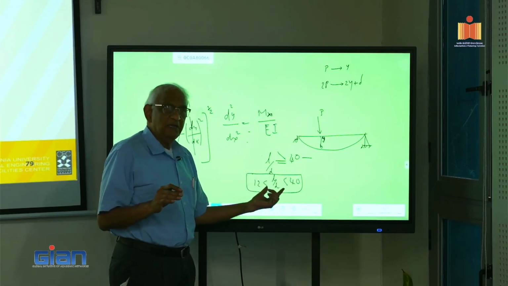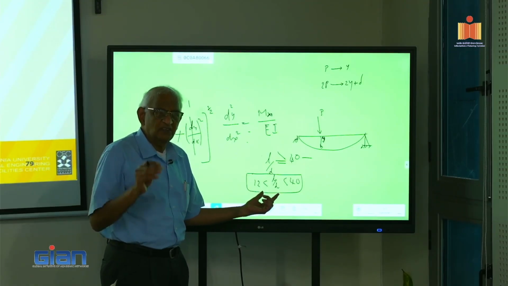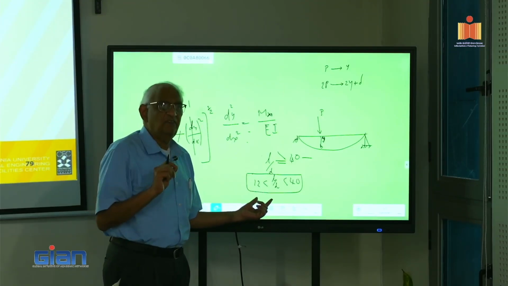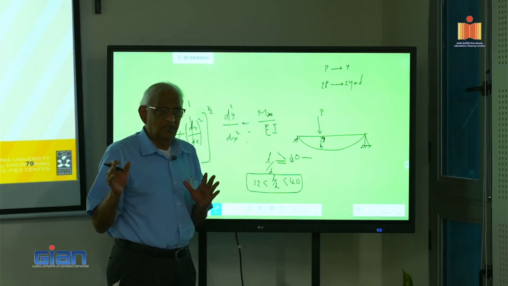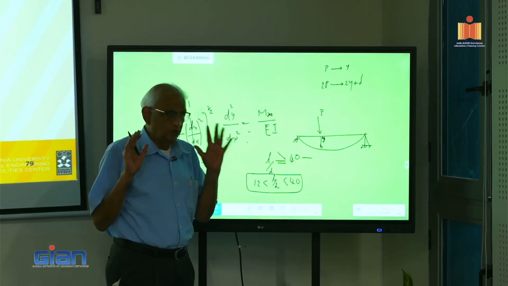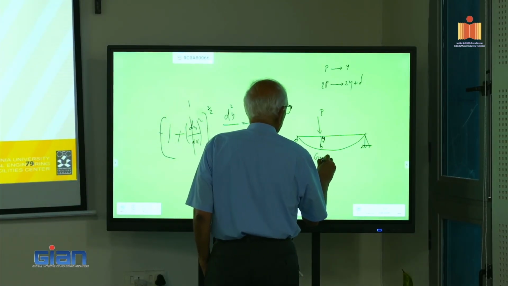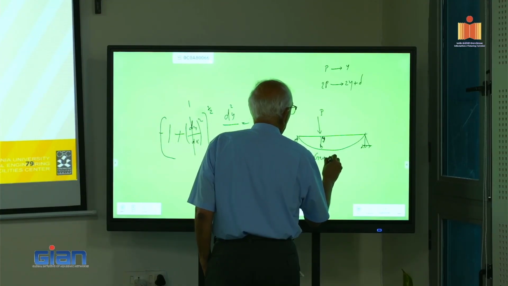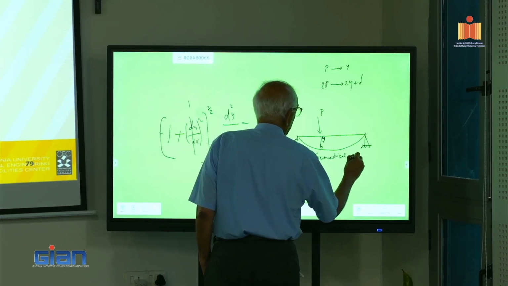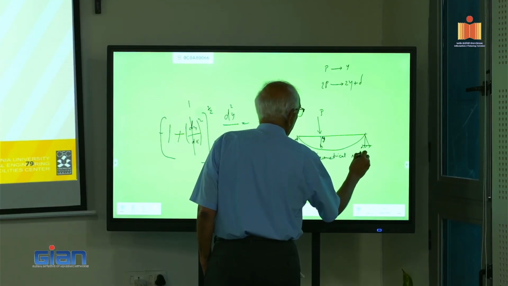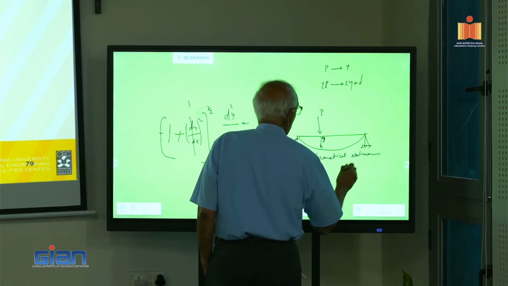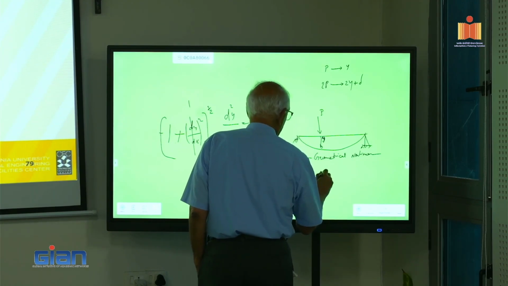But a typical number, L over D, if you want to test to get a bending failure, is somewhere around 16 to 24. That's good. So this is geometrically nonlinear. This is bending.